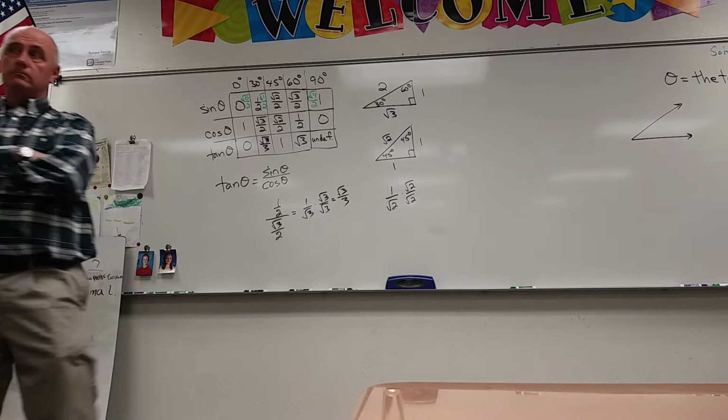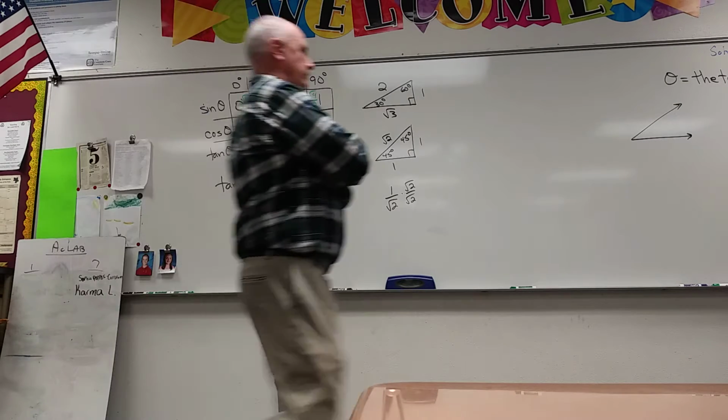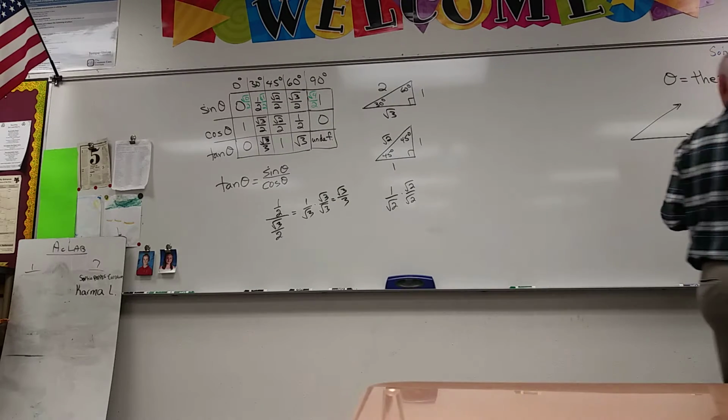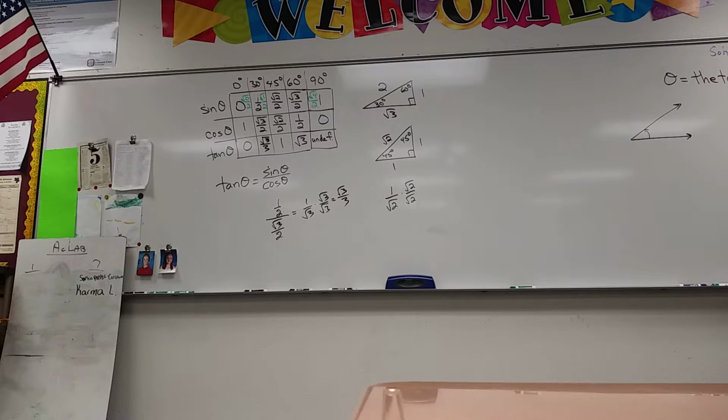We don't know what it is. We don't know the measure. It's a theta. And I agree with that. I agree that we don't know what the measure is. Because if I do this, does that clarify it at all?